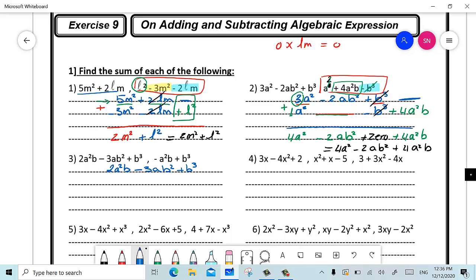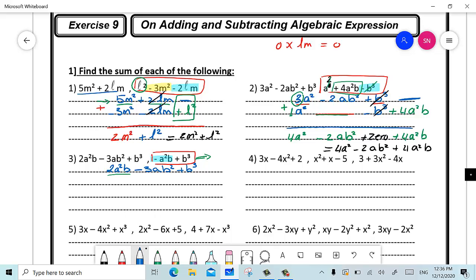And I am going to add to it the second expression, which is negative a squared b plus b to the power of 3. Let's go and see the first term we have, and the first term we have here is 2a squared b. So let's see in the second expression what term we have that has a squared b, and we will find it here. It's negative a squared b.